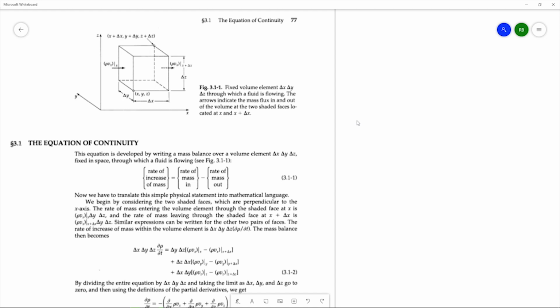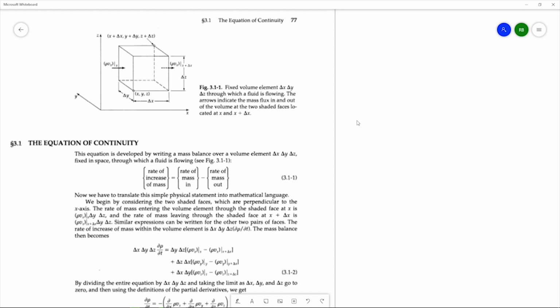In this chapter, we are going to derive the equation of continuity and equation of motion in rectangular coordinates. However, you can use the equation of continuity and equation of motion in cylindrical or spherical coordinates, which are given in the appendix.